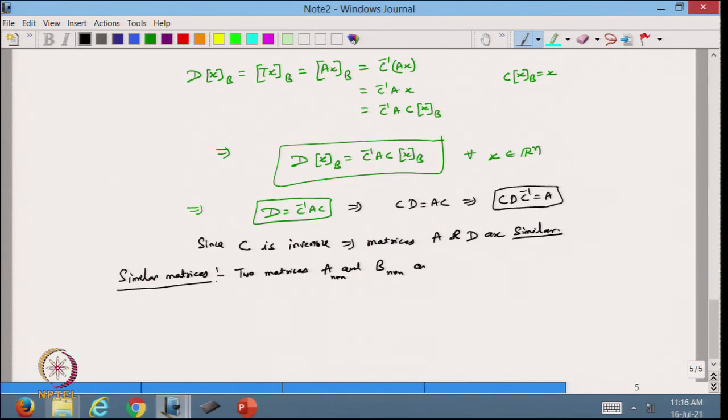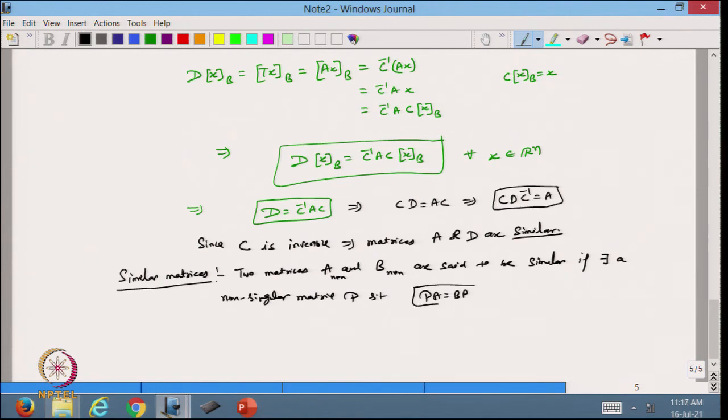Two matrices A and B are said to be similar if there exists a non-singular matrix P such that P A is equal to B P, or P B is equal to A P, no problem.